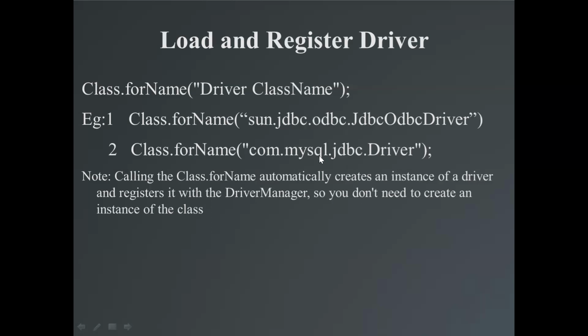According to whichever driver you are using, you have to specify the driver class name in forName. Whenever you call Class.forName, this will automatically create an instance of the driver and register it with the driver manager. So we don't need to create any instance of the class. It automatically creates the instance for that particular driver.